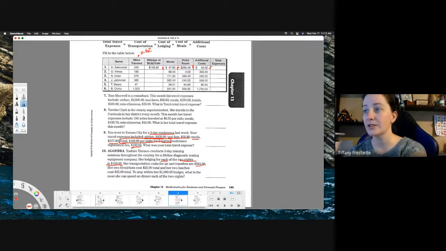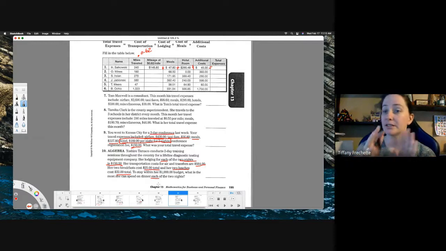So that's all of her transportation costs. Her 2 breakfasts cost $25 total, and her 2 lunches cost $32 total. So we don't have to multiply by 2. It said total. To stay within her $1,000 budget, what is the most she can spend on dinner each night? So not just what can she spend on dinner, what can she spend on dinner each night?